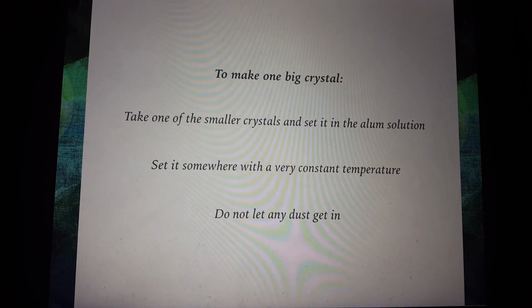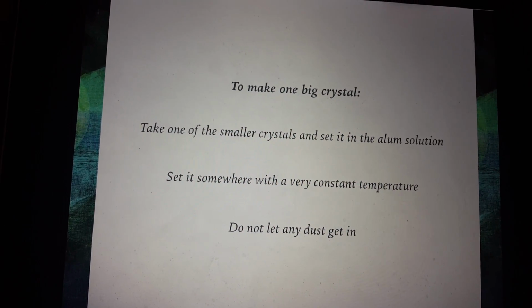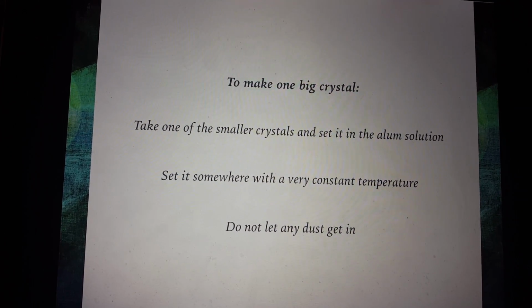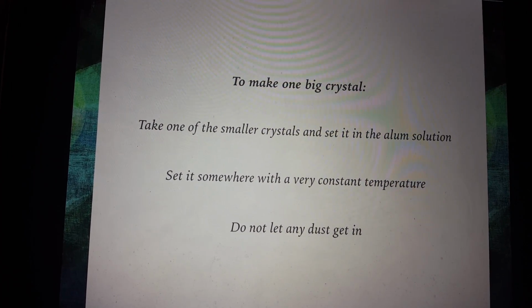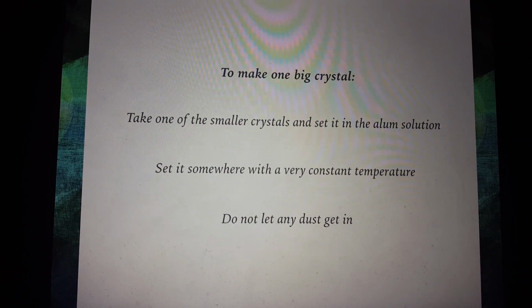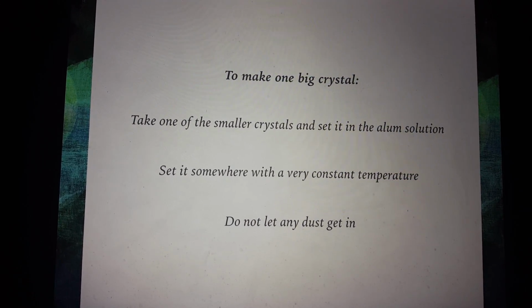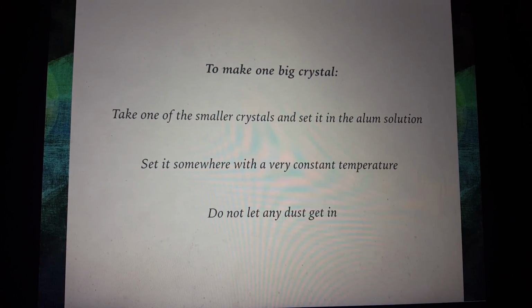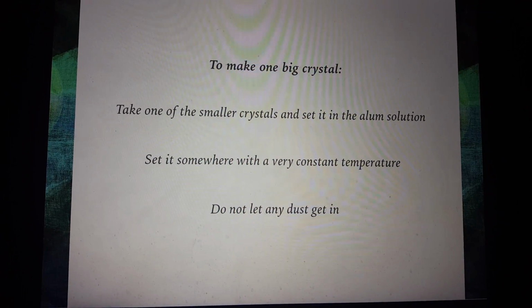And basically, if it's saturated, it will push the equilibrium towards the alum crystal, and so the alum crystal will start growing, and there will be one big chunk instead of the smaller seed crystals that are at the bottom of the vial at this moment.